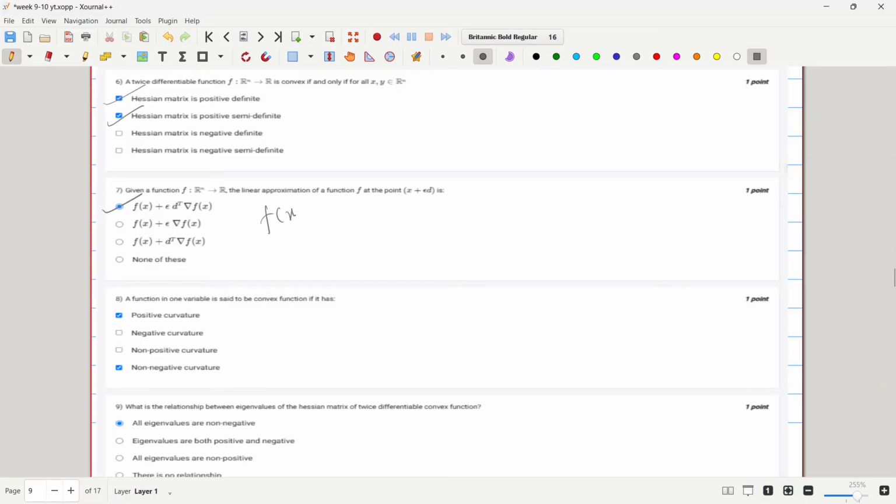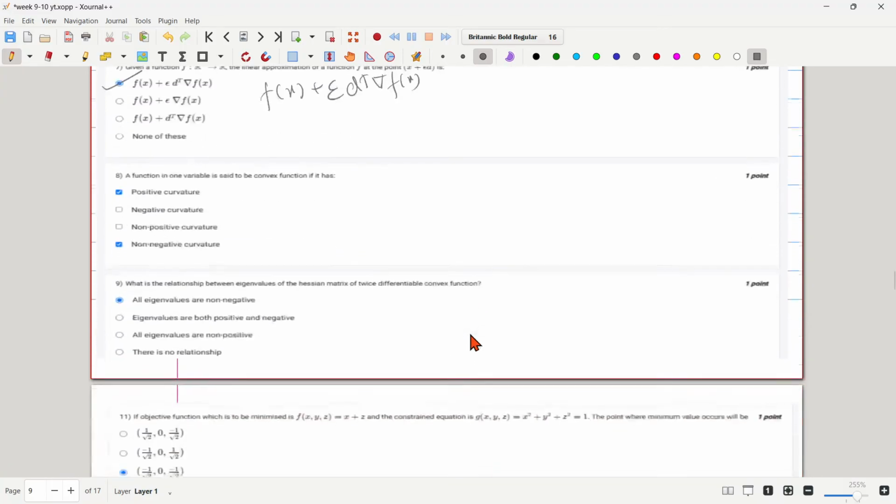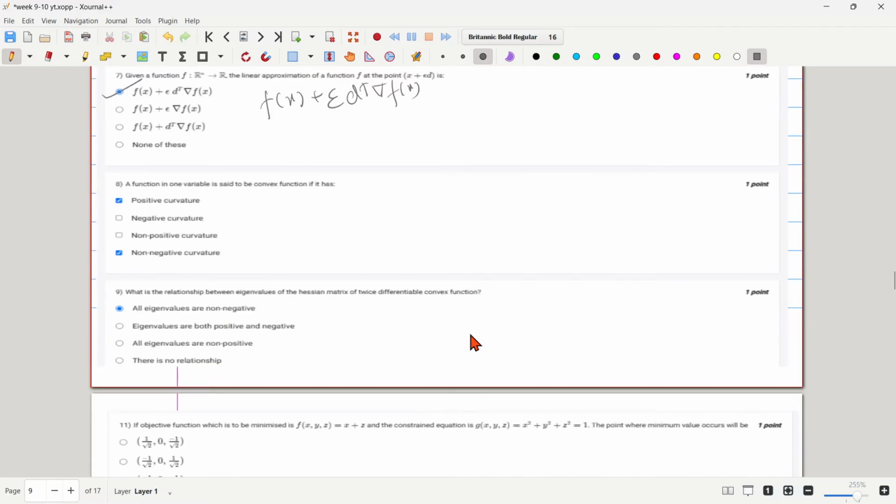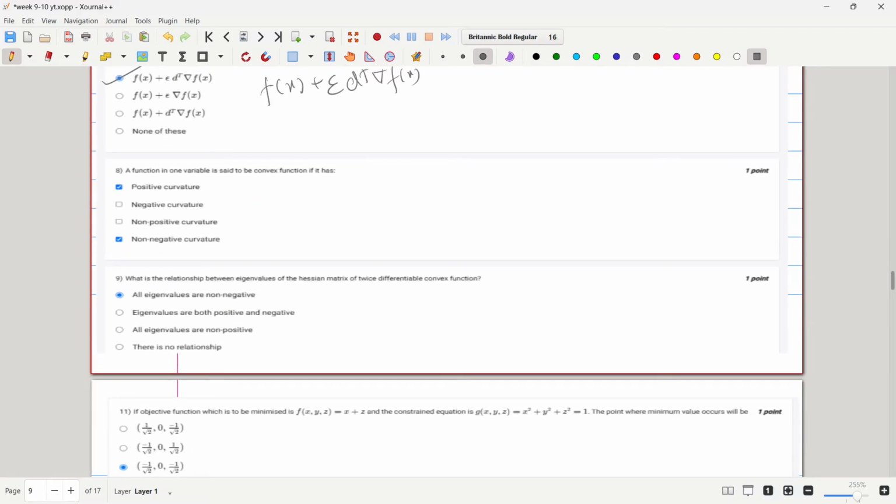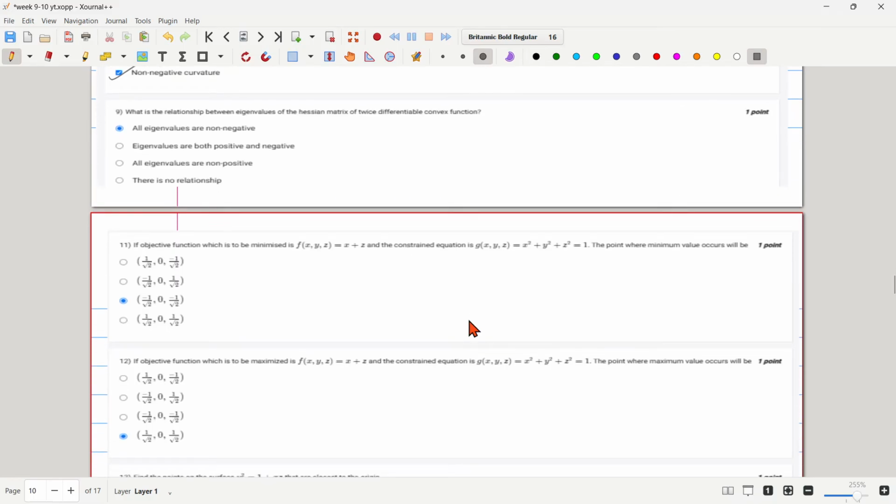This is the linear approximation, f of x plus epsilon d transpose gradient of f x. A function in one variable is said to be convex if it has positive or non-negative curvature. What is the relationship between the eigenvalues of a Hessian matrix of a twice differentiable convex function? All the eigenvalues are non-negative. That means it should be positive.